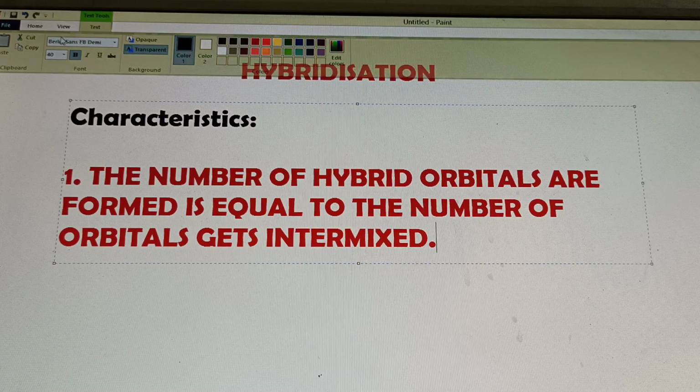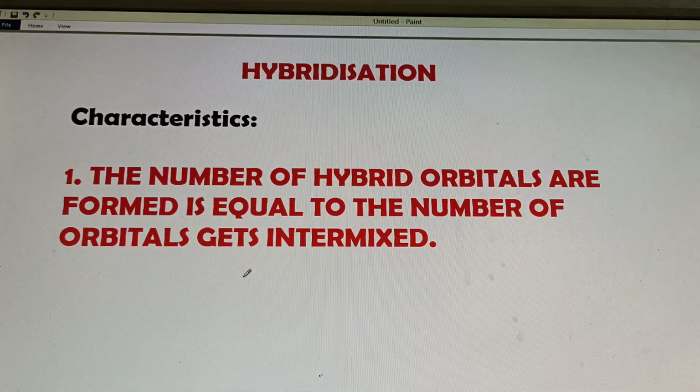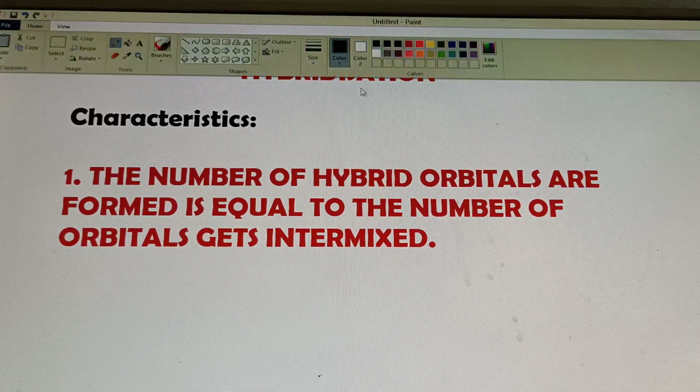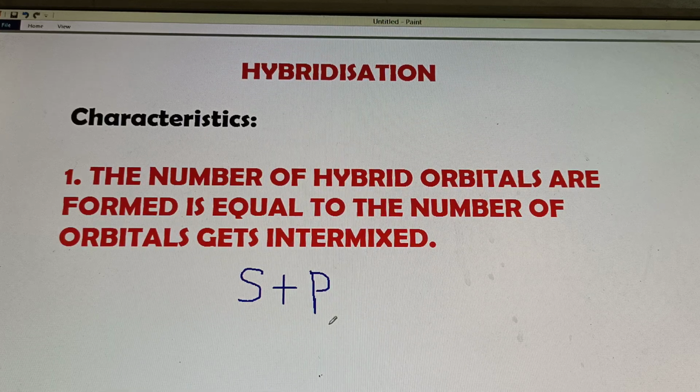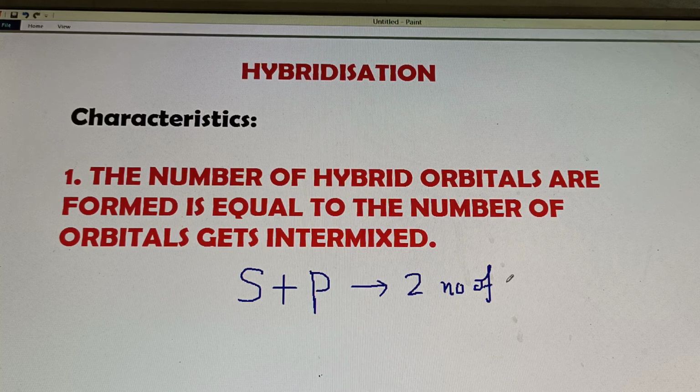So let's explain this one. Suppose one s is mixed with one p orbital, so we get two sp orbitals.